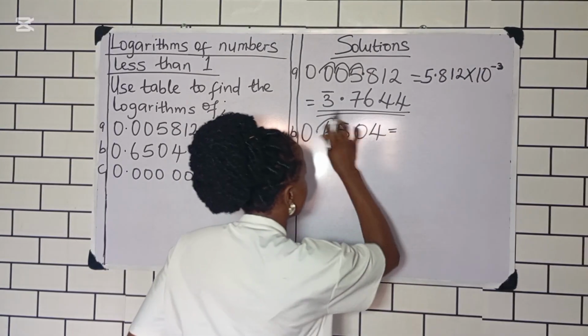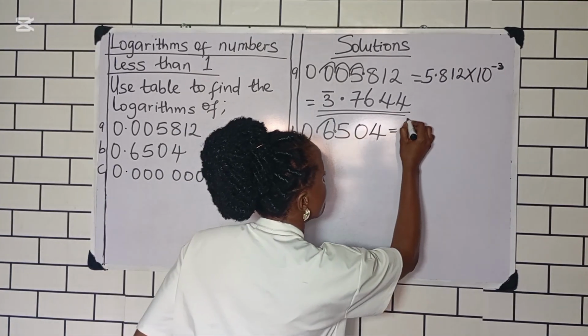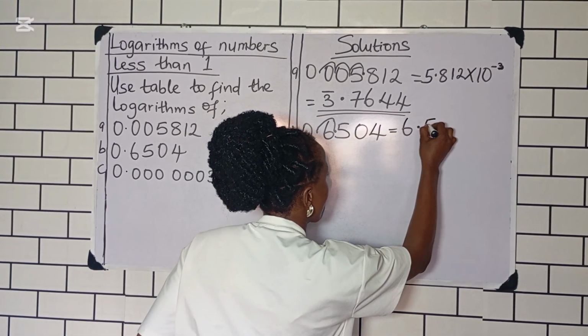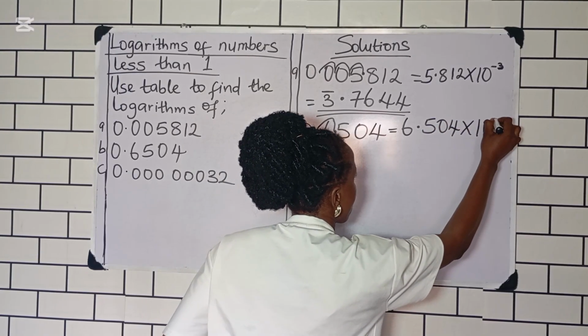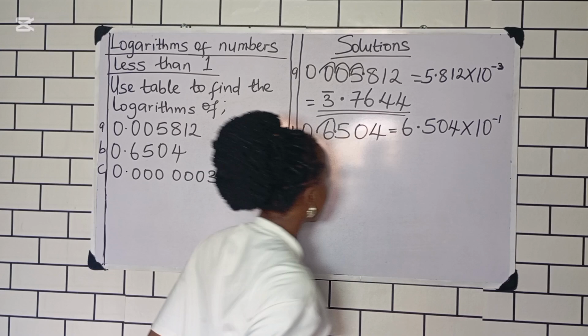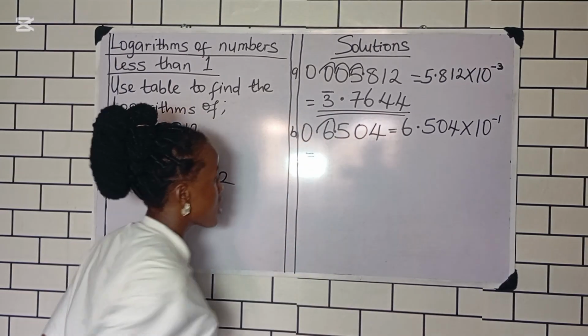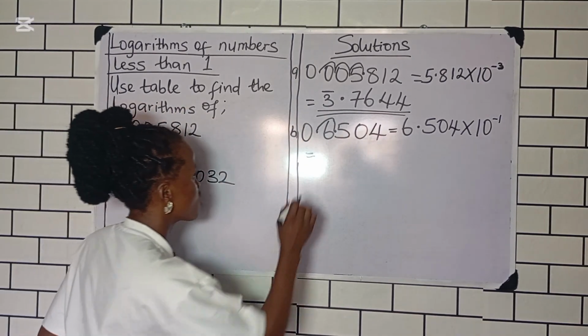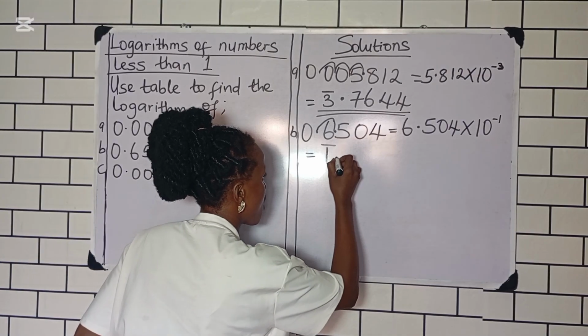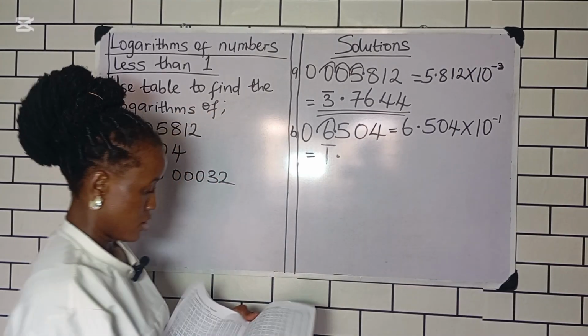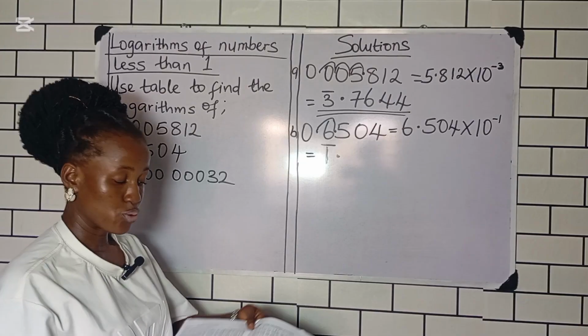Once we carry the decimal point, we have 6.504 times 10 raised to power minus 1. This minus 1 here is our characteristic part, and it's going to be bar 1 point.